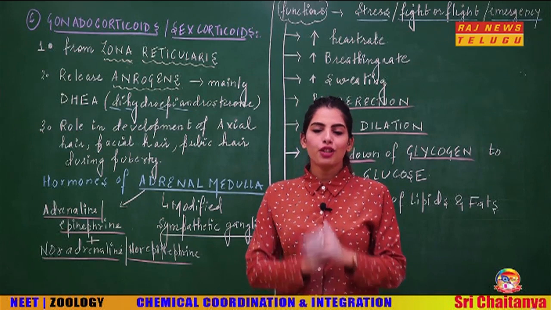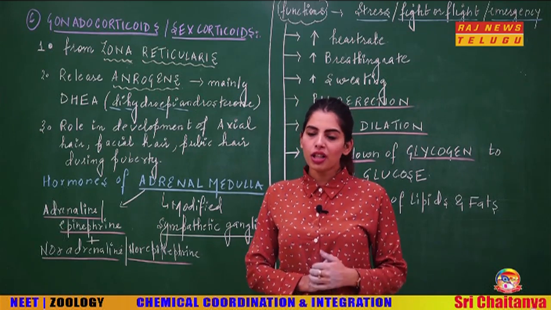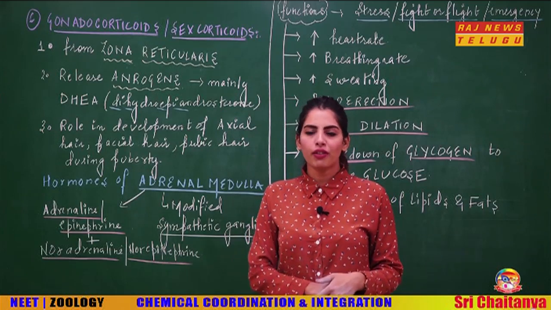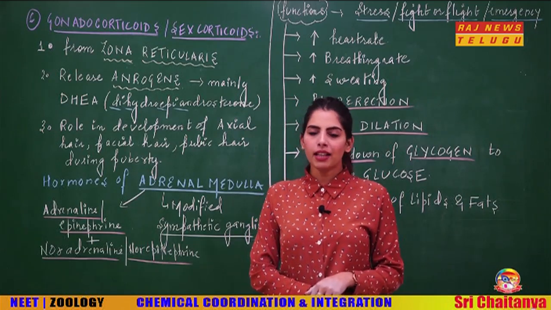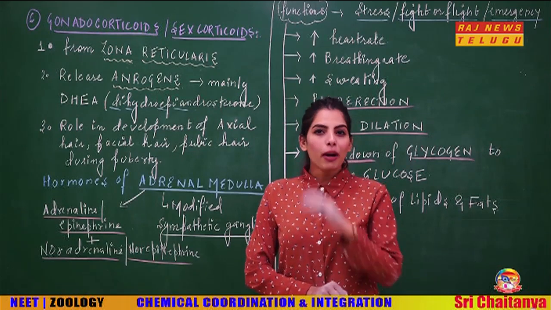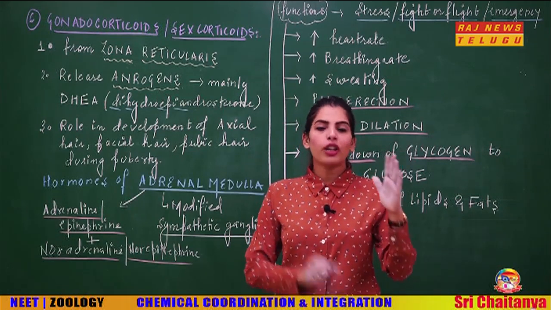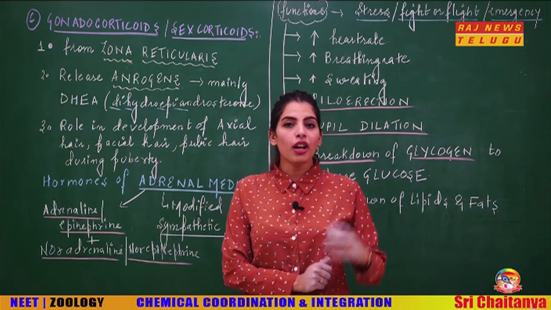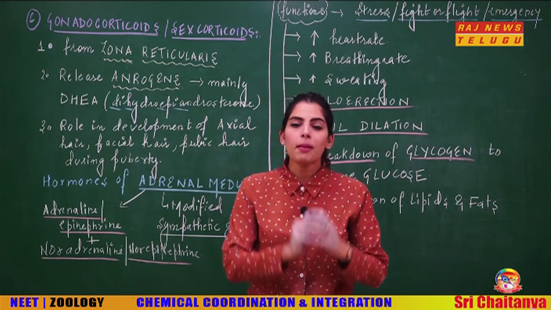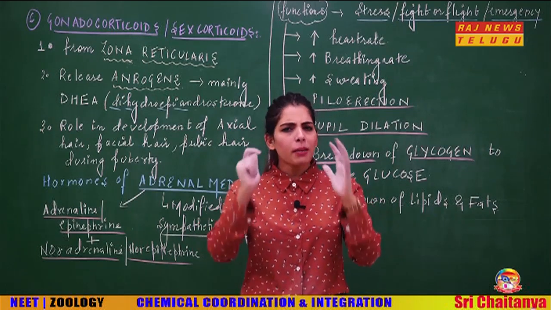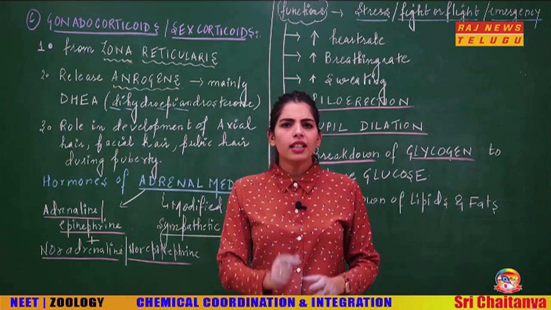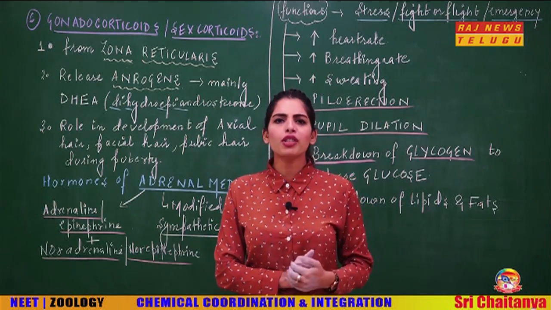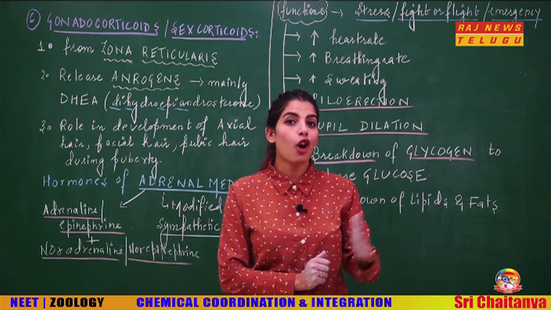Since you have already done the chapter neural control and coordination, you must know about the sympathetic division of the nervous system and the parasympathetic nervous system. I am just revising it to relate it with you. Whenever there is a stimulation of the postganglionic nerve fibers of the sympathetic nervous system, for example in the heart, two hormones are released, adrenaline and noradrenaline.